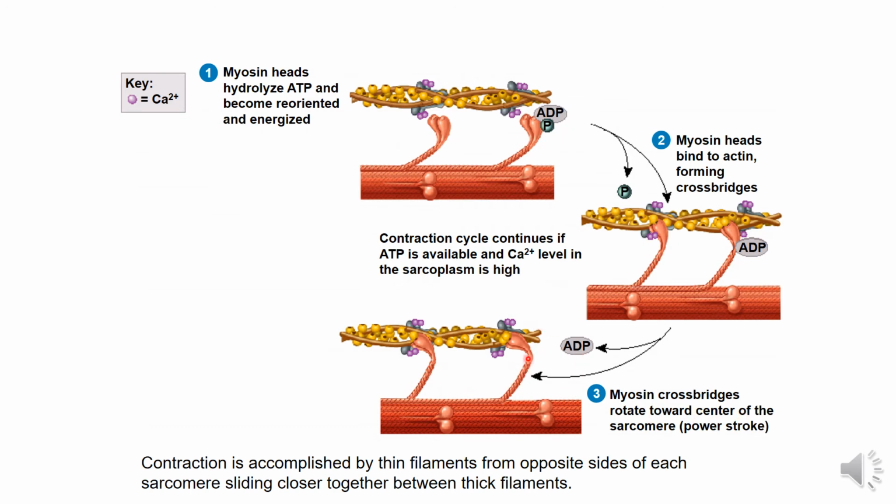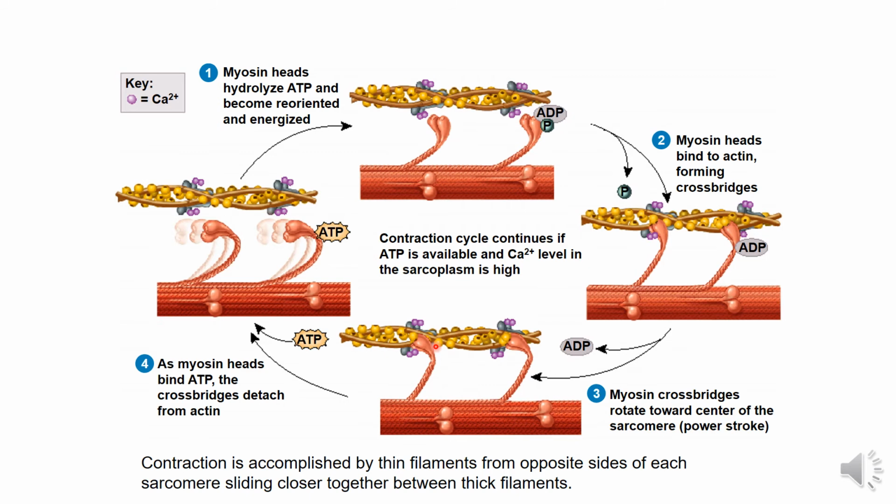It is going to produce bending, or the movement of the actin filament towards the center of the sarcomere, generating the power stroke. Then it has to be detached and return to the original position. This will occur when it binds with a complete molecule of ATP. When it binds with a complete molecule of ATP, it will be detached, and this ATP will be hydrolyzed again into what?